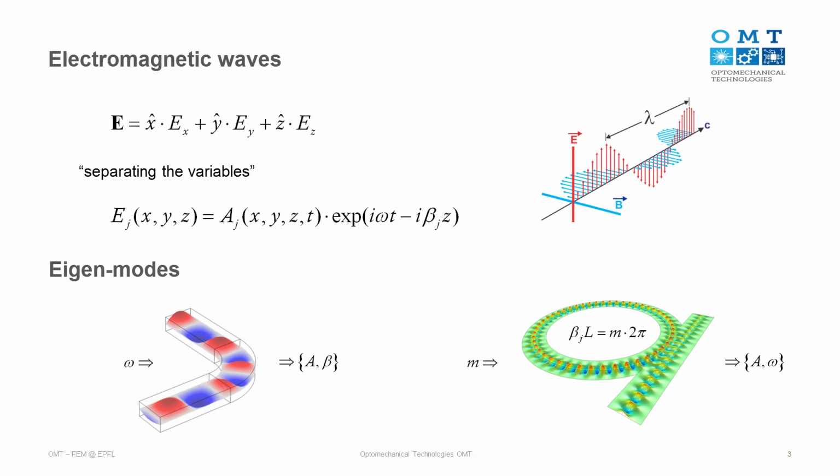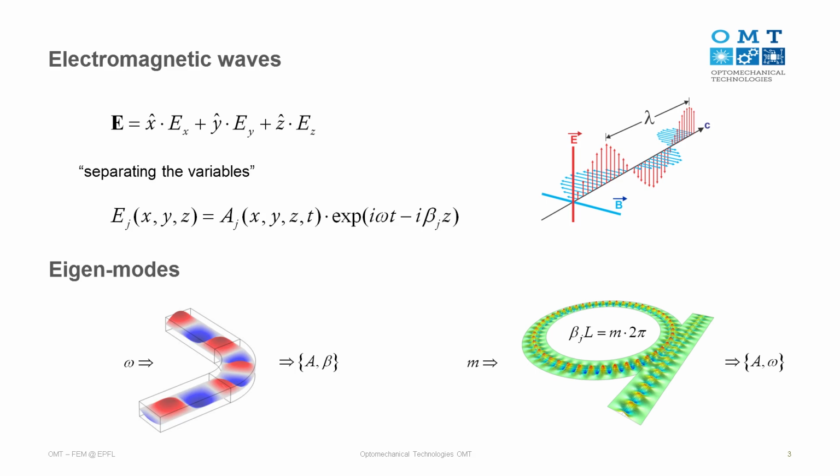But we know, for example, that the electric field consists of three components in space. Most of you probably know the method of separating variables. Eventually, each component of the field can be further separated into a complex amplitude together with spatial and temporal carriers.